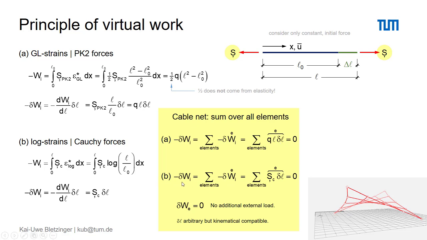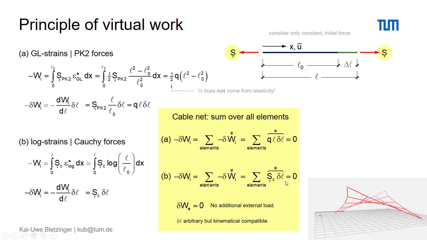And here for approach B, completely nonlinear, we sum up over all elements, dealing with everything in the deformed configuration, the deformed geometry, and summing up for each element the respectively given prescribed true force as Cauchy, the sub comma just reminding us that this is really a prescribed number, and the respective variation of the length.